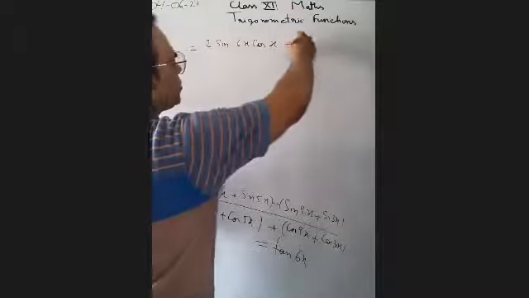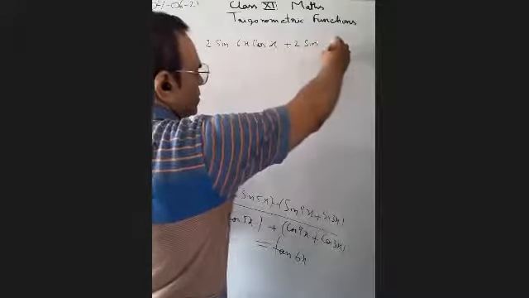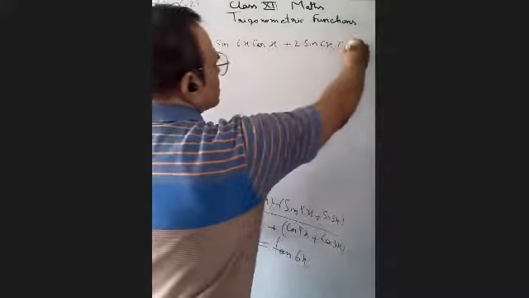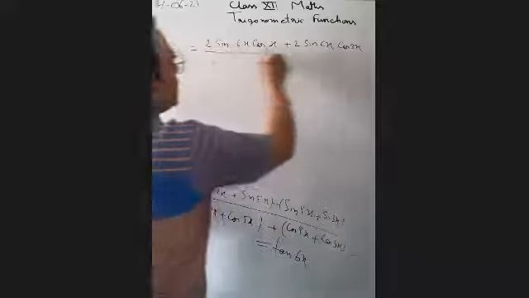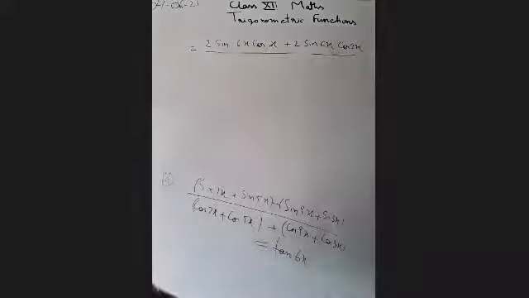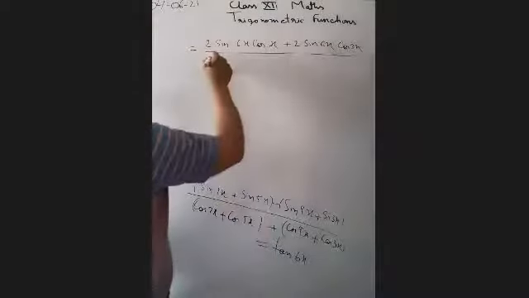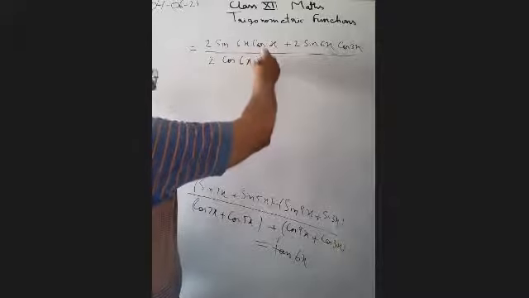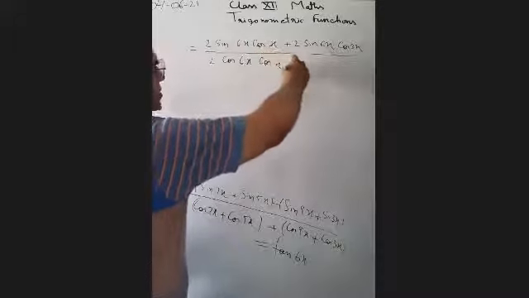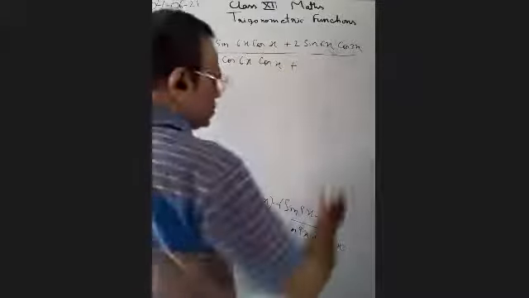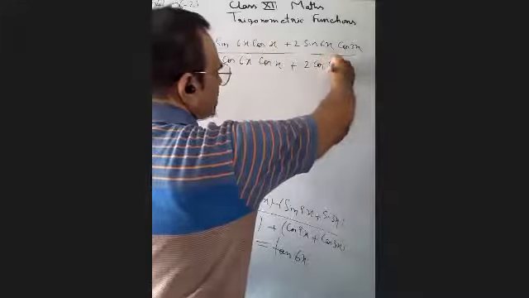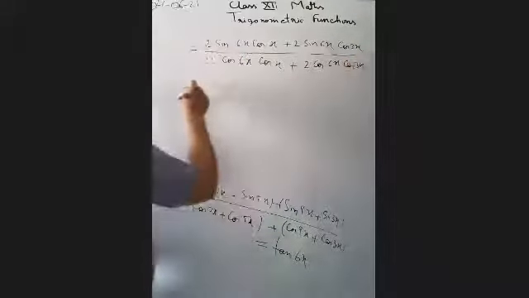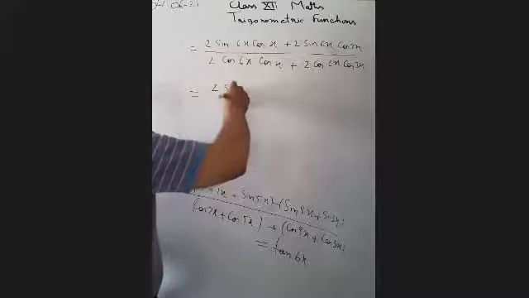Again here we are applying 2 sin 6x, and 9x minus 3x over 2, it will be cos 3x, divided by, we are using cos c plus cos d, 2 cos 6x and cos x, 2 cos 6x and cos 3x. Now you can take common 2 sin 6x here.